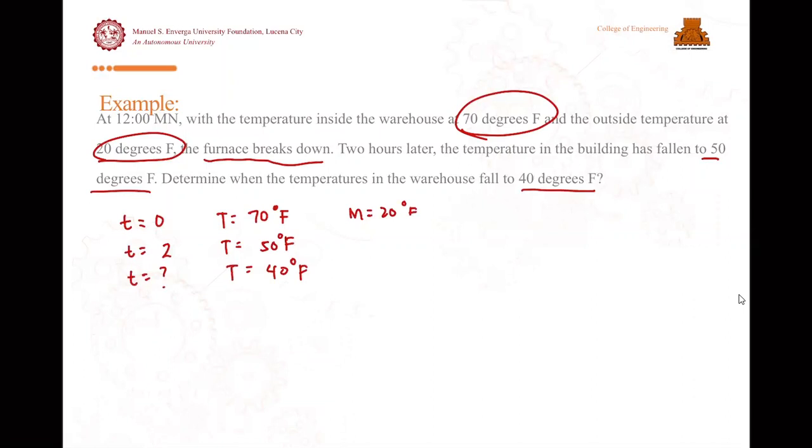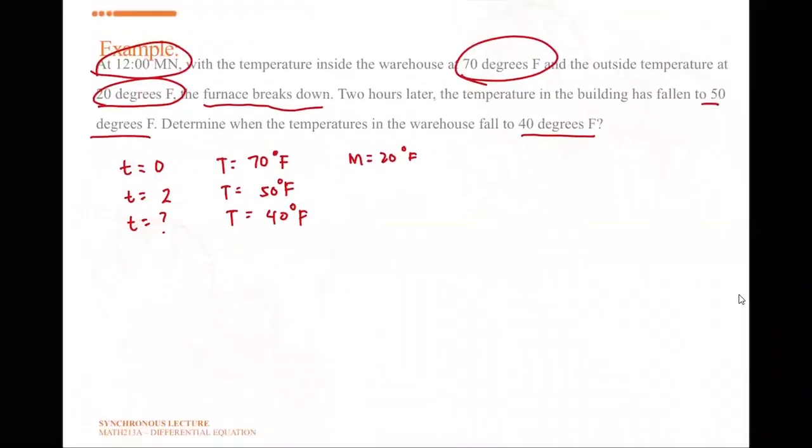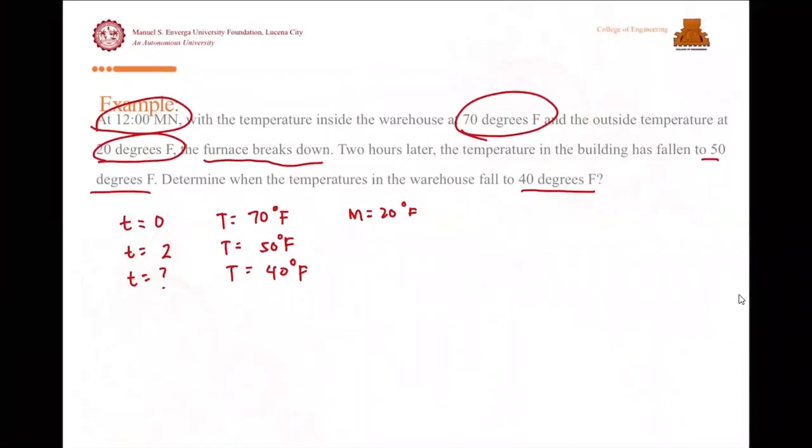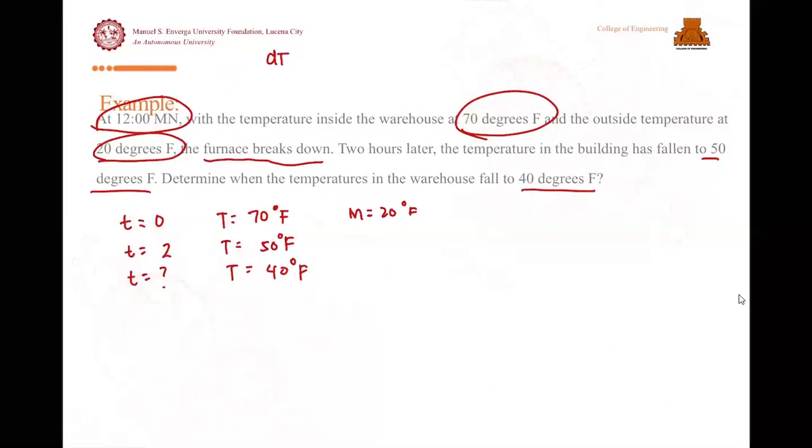Okay? Since the given time is 12 midnight, our final answer is again a time on the clock, no? Okay? So, let's say, for example, you don't know the general equation. You always go back to this: the rate of change of the body's temperature is always proportional to the temperature of the body minus the medium or its surroundings. Okay?